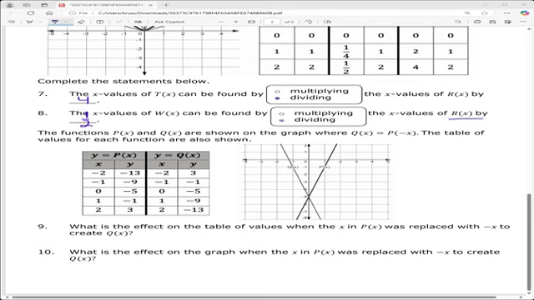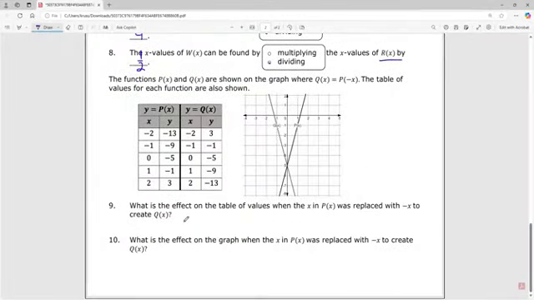Oops, where did it go? There it is. Okay. What is the effect on the table of the values when the x in p sub x is replaced with a negative?